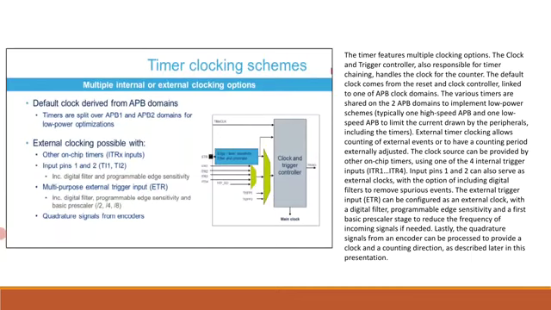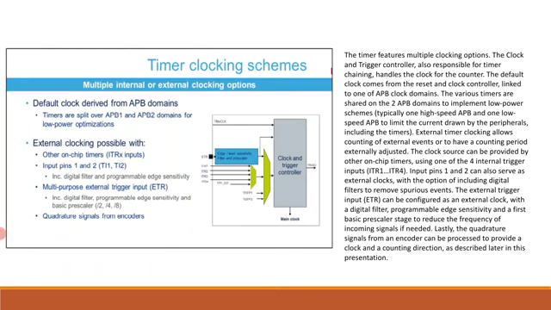The default clock comes from the reset and clock controller, linked to one of the APB clock domains. The various timers are shared on the two APB domains to implement LP, that is low power schemes, typically one high speed APB and one low speed APB to limit the current drawn by the peripherals, including the timers.